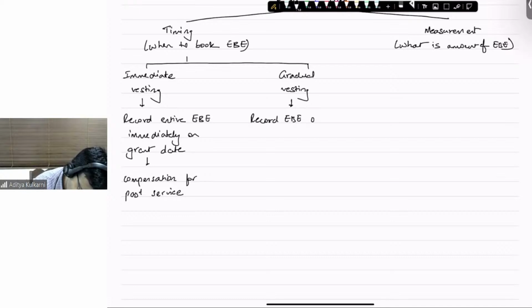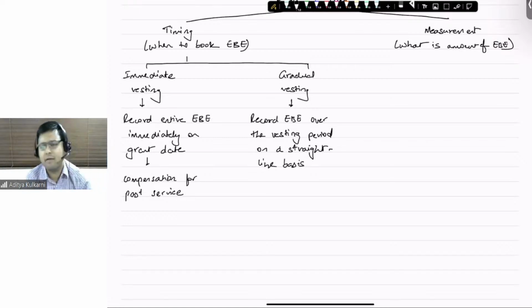Record EBE over the vesting period on a straight line basis. If you remember, we used to prorate it 1 by 3, 2 by 3, 3 by 3. Yes, deduct what was previously accounted and record the expenditure for the current year. So that is what we have to do.